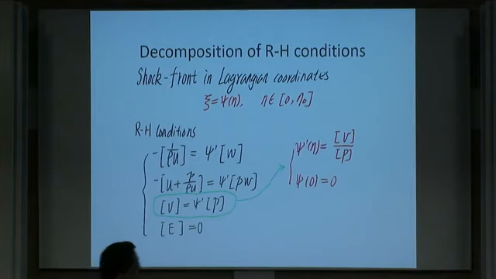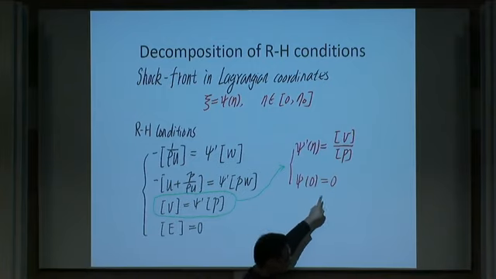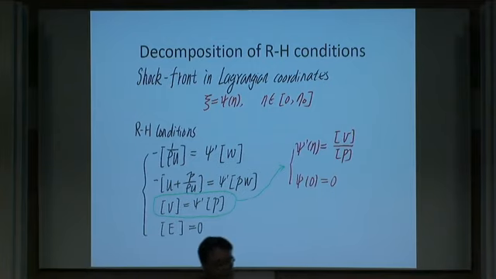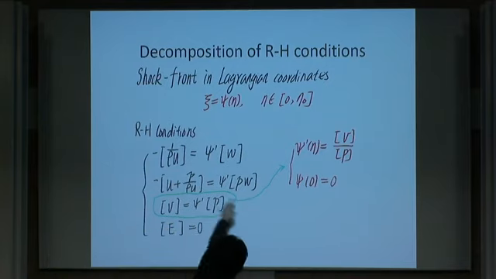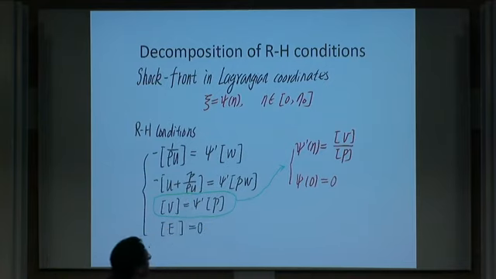Why do we choose this equation? Because by the physical entropy condition, the denominator is non-zero. So we choose that to solve psi prime. Now we substitute psi prime into these two H conditions. We then get. So may I have a question?